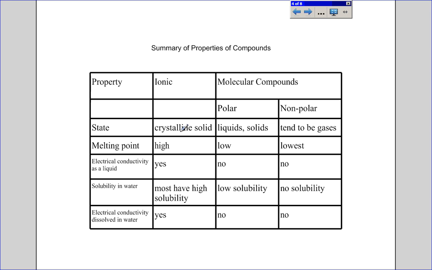They tend to have hydrogen bonds and dipole-dipole forces that are able to hold them together in liquid or solid states. For nonpolar molecules, because they can only exhibit London forces, they tend to be gases because their intermolecular forces are quite weak and their molecules are not held very closely together.